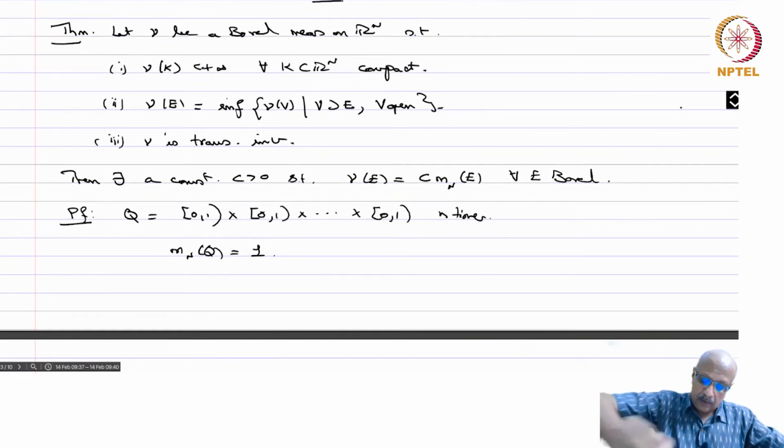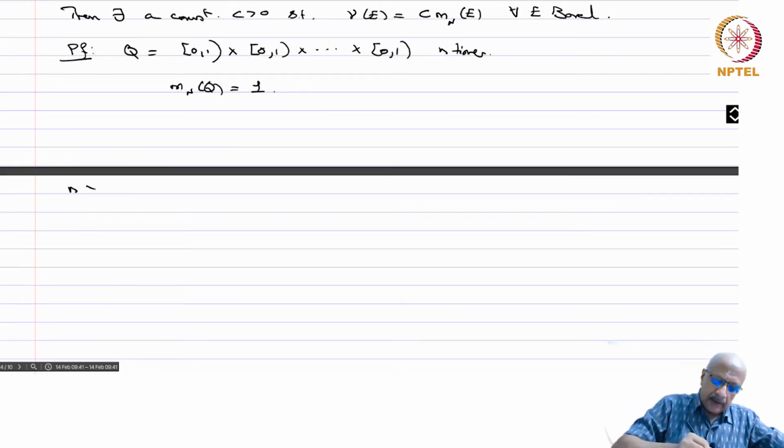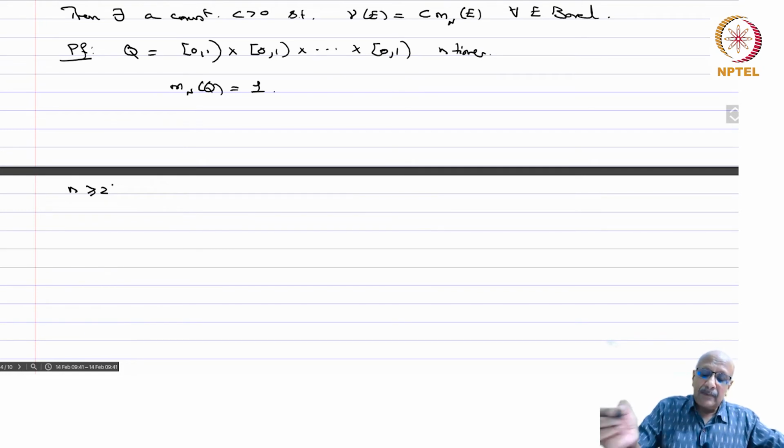So now let n be greater or equal to 2. Now we take this cube and subdivide it by drawing lines parallel to the coordinate axes into cubes of size 2 power minus n.